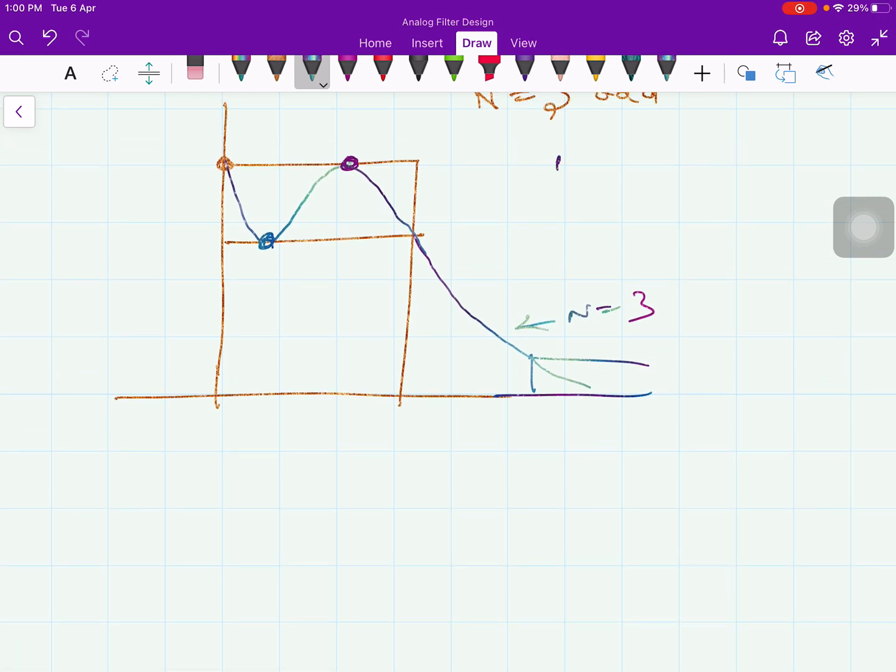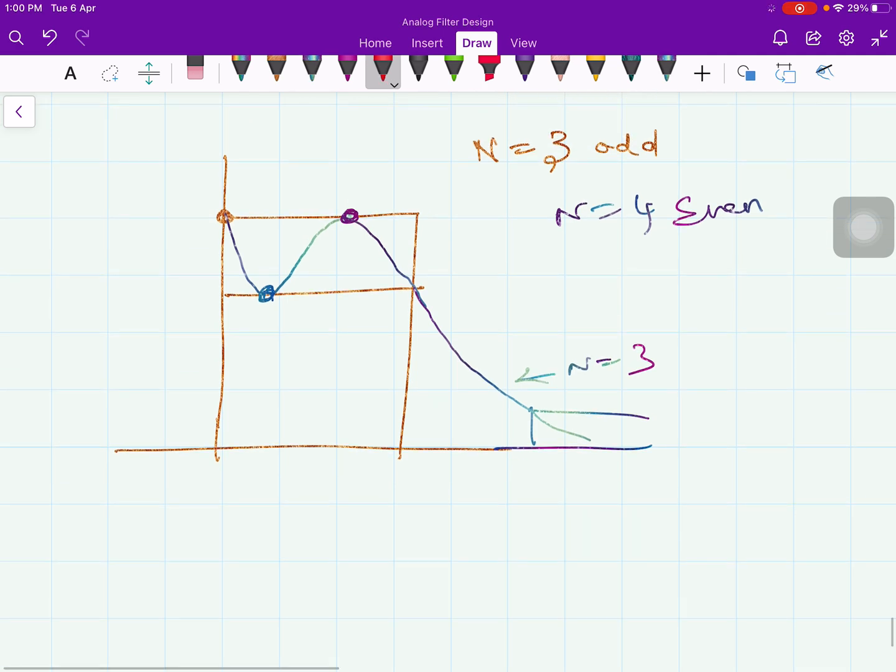Now when I take n equal to 4, 4 is an even number, so it must start from this point. It has to pass through this point, a maxima, and another maxima here.